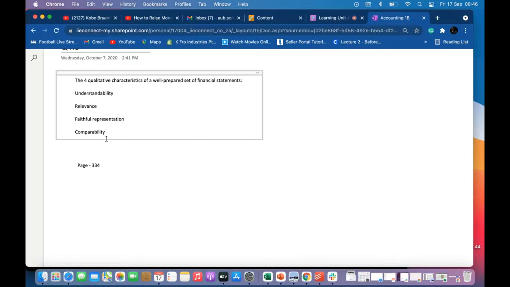However, it is implicitly assumed that the user has a reasonable knowledge of accounting and a willingness to study the financial information diligently and comprehensively. Okay, relevance. When deciding what is relevant, one must consider the user's needs in decision making as well as the materiality of the items.